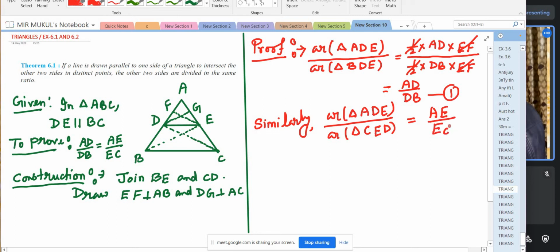No need to prove. Similarly, you can just tell. But in the video you observe, they explain more. But this much if you write, that is sufficient.